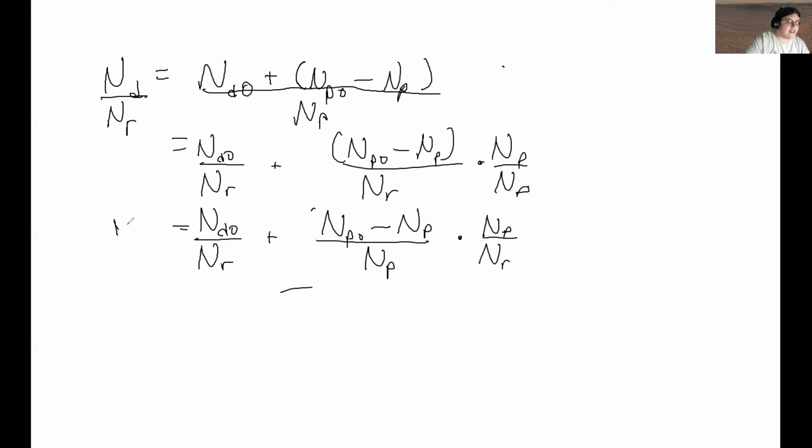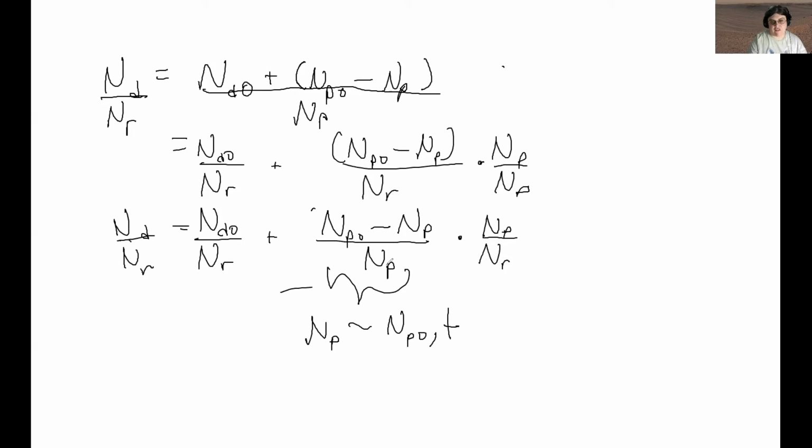Now, why is this important? This number only depends on our starting number of parent isotopes, the original amount and time. So it essentially only depends on the age of our rock.